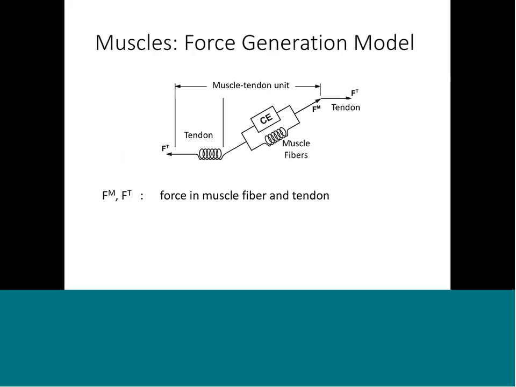And I'm going to quickly go over some of the parameters in the model that we'll come back to later. So we have FT and FM, which represent the force in muscle tendon and muscle fiber, respectively. We include a parameter alpha that describes the pennation angle of the muscle fibers with respect to the tendon, and this parameter determines how fiber force is transmitted along the tendon.